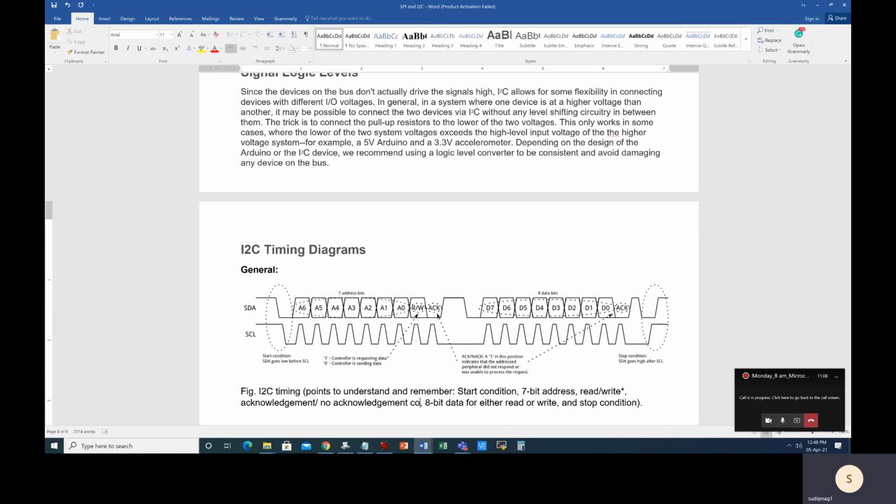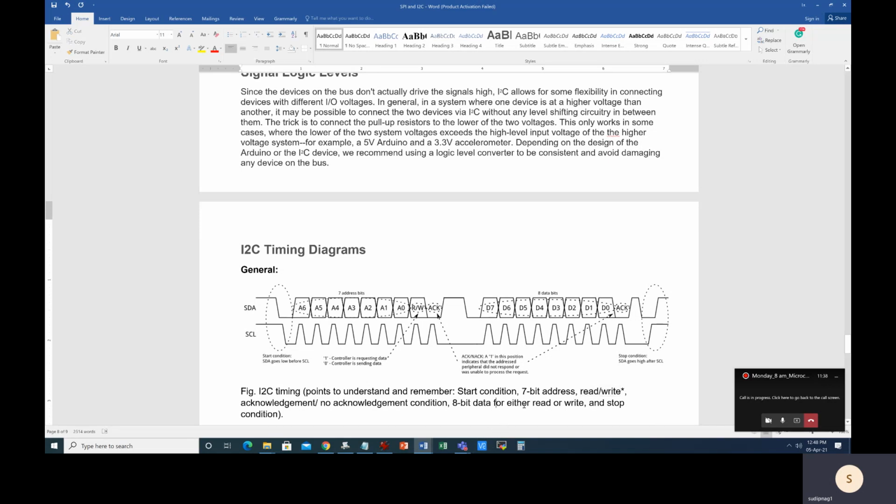This is another condition where you can find whether the peripheral is acknowledging or the controller is acknowledging, or we can go without any acknowledgement. Further, there could be 8-bit data for read or write operation. That means 8-bit read is possible, 8-bit write is possible, but before reading or writing, you have to mention which one you want to do.